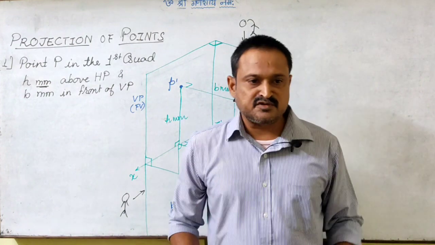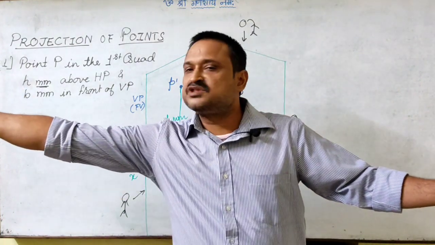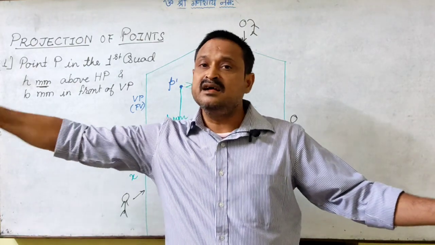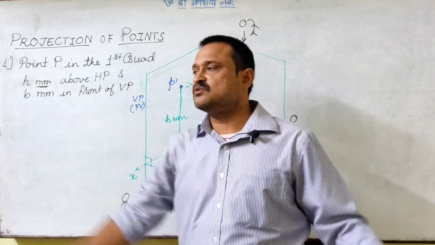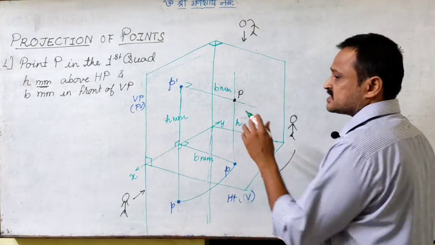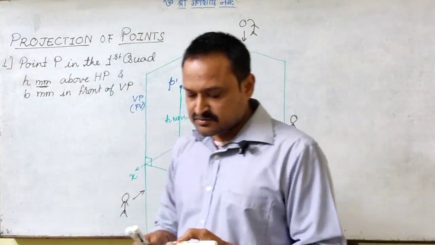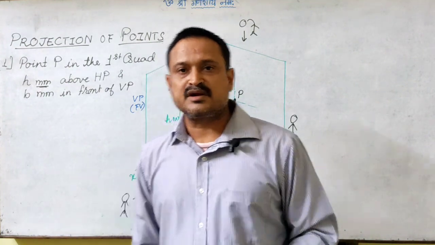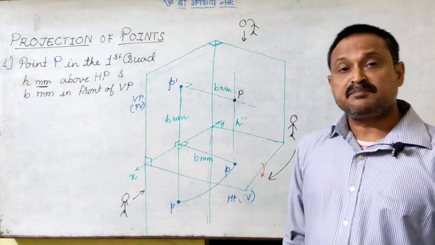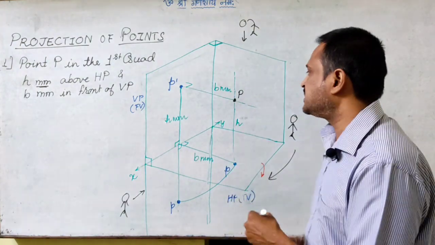So if I move to my left, then the wall to the right will be the right profile plane where I will be getting the left hand profile view or left hand side view. So in that case, the projectors again, by the rule of orthographic projections, must be perpendicular to the plane on which we are taking the image.